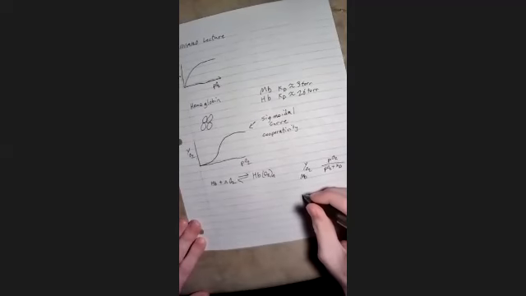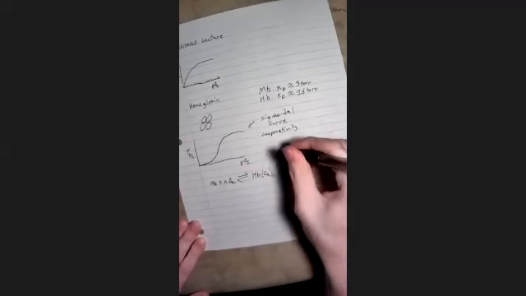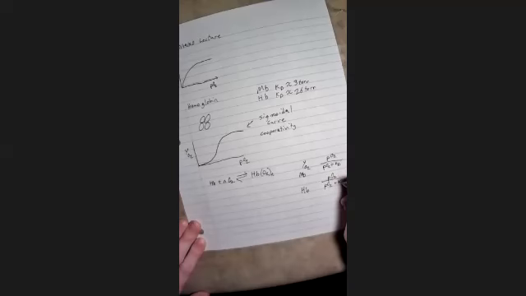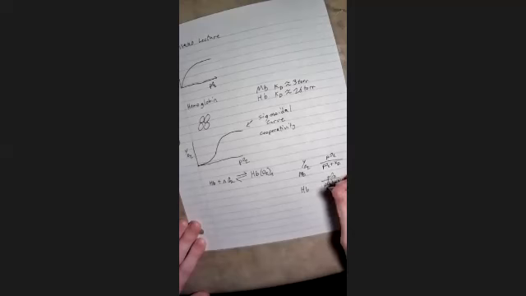If you remember, the fraction of O2 bound with myoglobin was the pressure of oxygen divided by the pressure of oxygen plus the KD. Well, for hemoglobin, because it has this cooperativity, it's the same looking formula, except we raise everything to this n power.